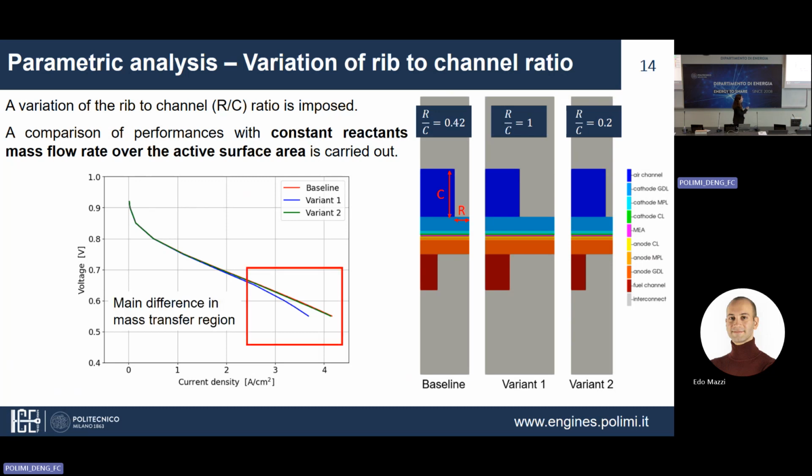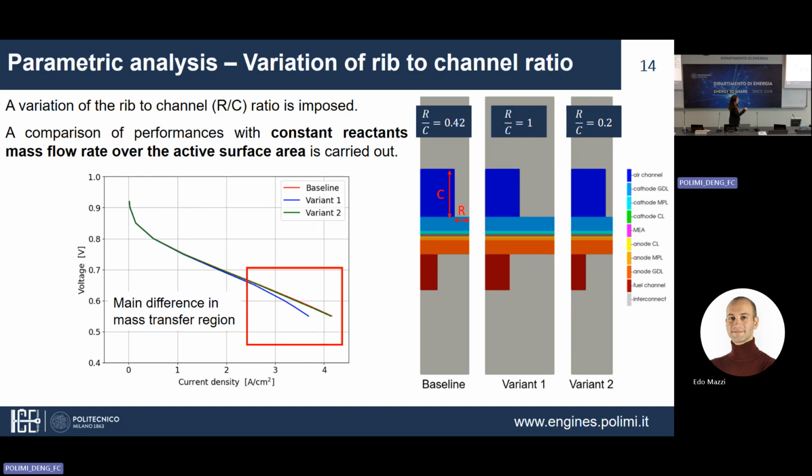What we found, speaking about performances, is that the main difference is in the so-called mass transfer region, where the production of current is very high and the consumption of reactants is very high, and the worst performances were found for the variant 1 configuration.